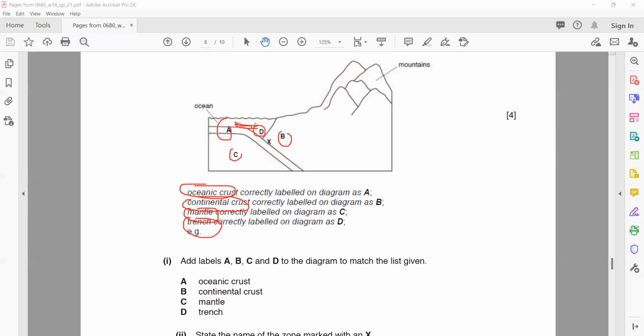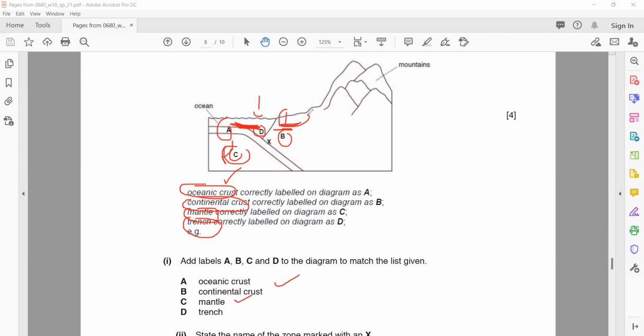The ground, or you can say the crust under the ocean, that's known as oceanic crust. And the crust under the land or this rock, that's known as continental crust. Then if you go down, that is known as mantle.